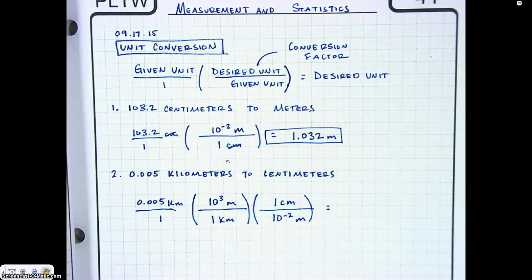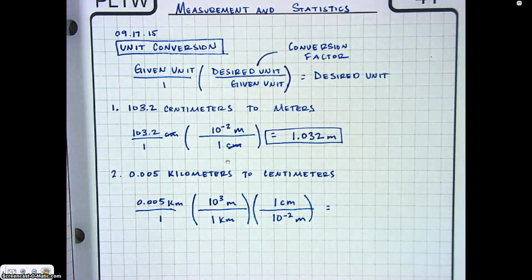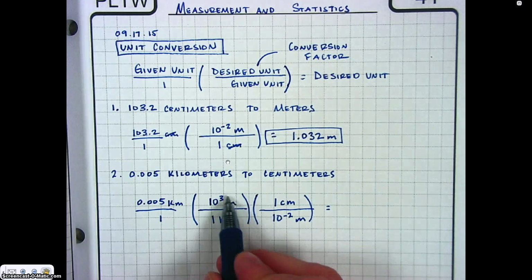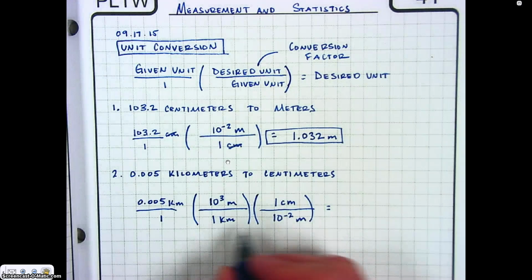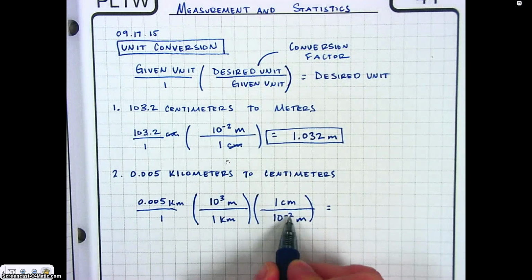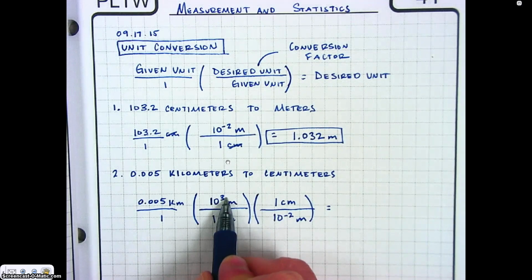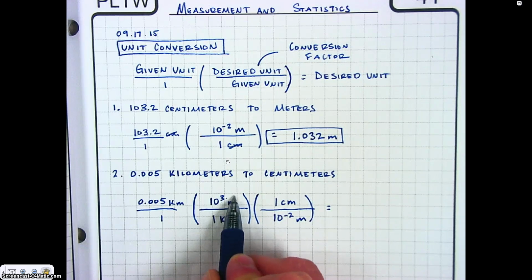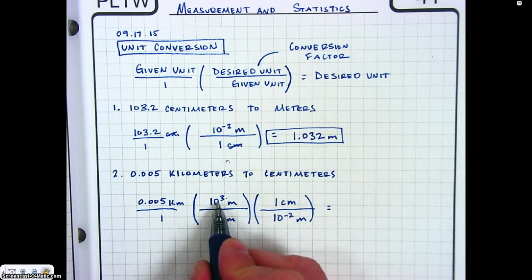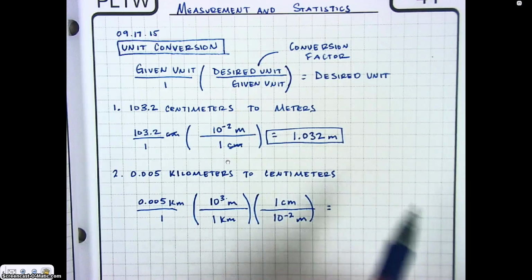Okay? And because of the rule of exponents, when we divide these, we get 10 to the 5, because you would have 10 to the 3 minus a negative 2, and that would give us 10 to the 5.